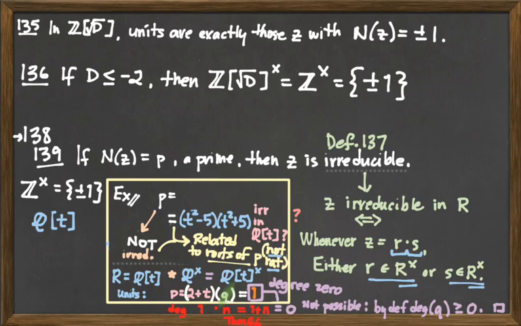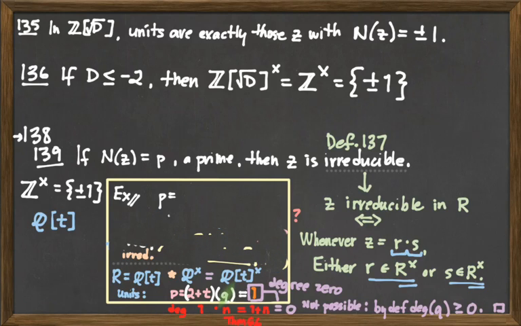The second point, going back to the example we were looking at a moment ago, 4t squared plus 36: I want to ask a slightly different question. Is this irreducible as an element of the ring of polynomials with integer coefficients?